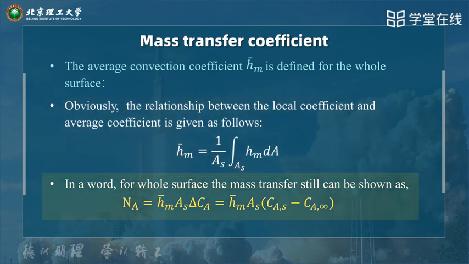In a word, for the whole surface, the mass transfer is calculated by NA equals average hm AS times the concentration difference. We use this equation to calculate, very similar to convection heat transfer.